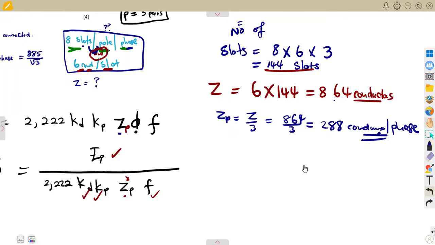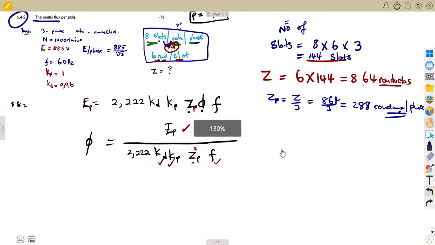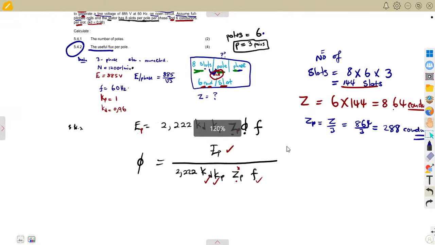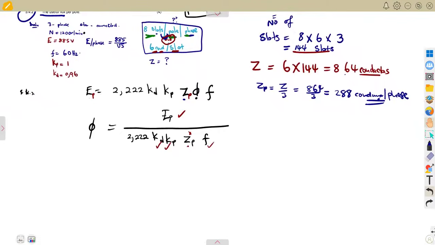The 288 on this formula, we need the phase values: the EMF per phase, the number of conductors again per phase. If you are using another formula which has the turns, you use the turns per phase. So this is going to give us the useful flux in Webers. The useful flux is equal to EP per phase. Remember I said E per phase is going to be 885 over the square root of 3. Dividing by the square root of 3 gives a decimal that can affect our answer, so just leave it like that.